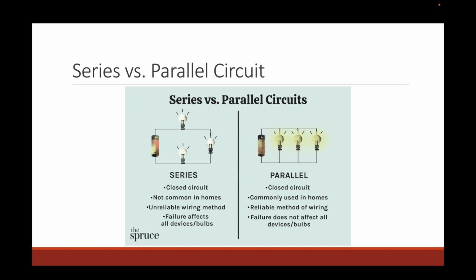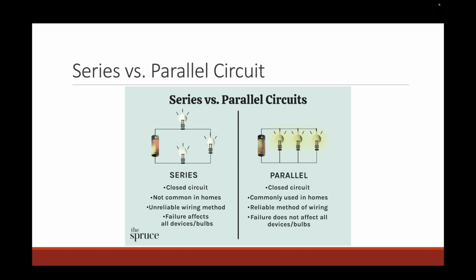In a series circuit, any given loop is designed so that all of the bulbs are directly connected to one another. And so if one of the bulbs goes out, the entire thing breaks. A parallel circuit, on the other hand, is a type of circuit where things are connected in parallel to one another.